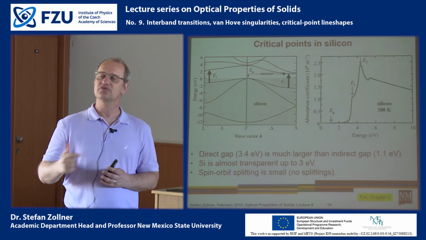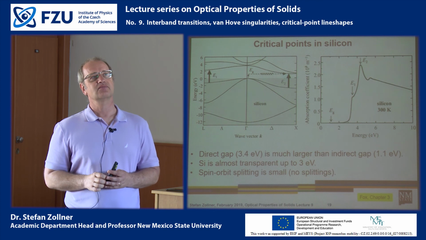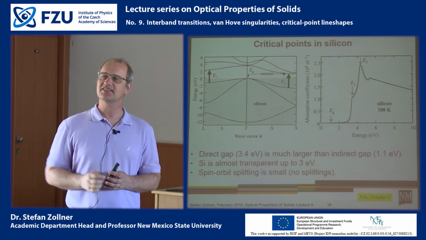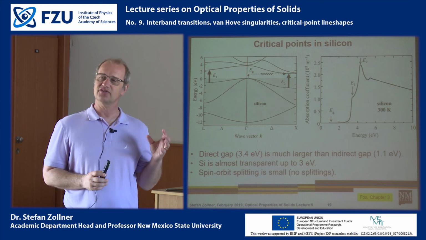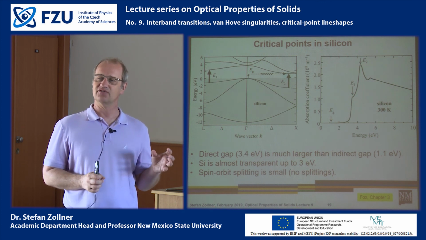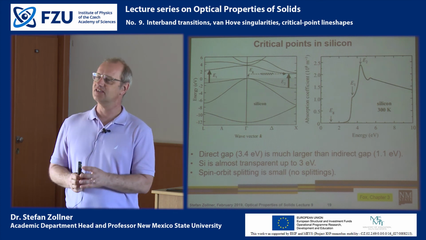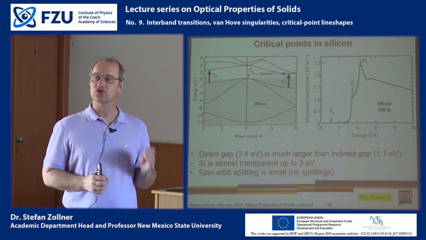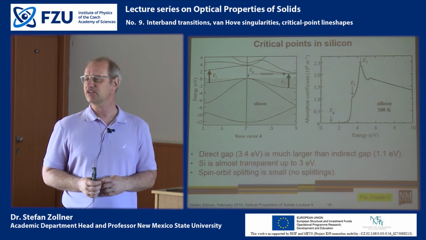And you can also do reflection measurements. The reflectivity will be very small, of course, so you may have to go to glancing angle measurements. But if you have reflection coefficient data, then you can use Kramers-Kronig techniques to obtain the absorption coefficient from what you have measured for the reflection coefficient.